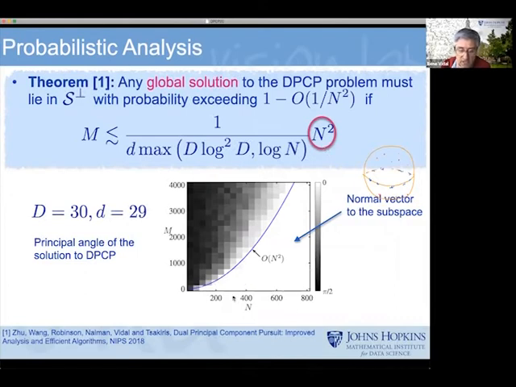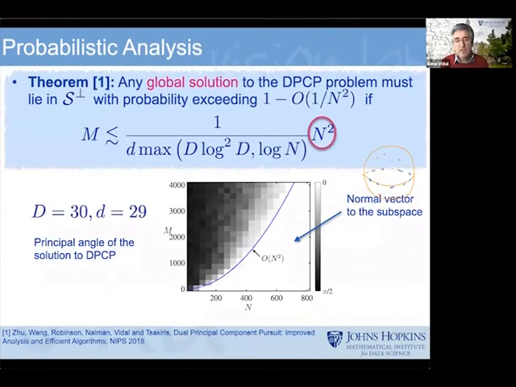And this is illustrated here with this picture that, again, the x-axis is the number of inliers, the y-axis is the number of outliers. White denotes success, namely that if you find the global minimum of the DPCP problem, it is equal to the true normal to the subspace.